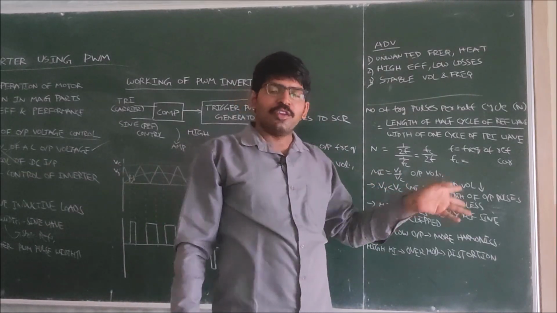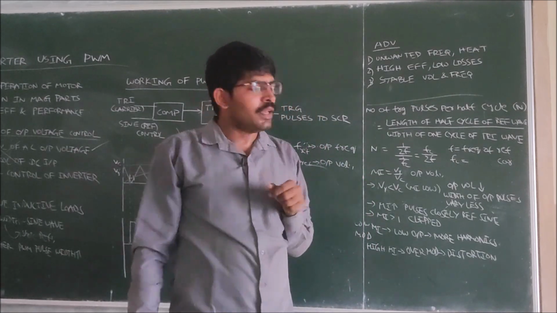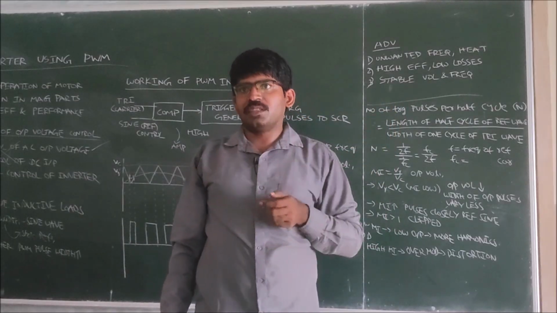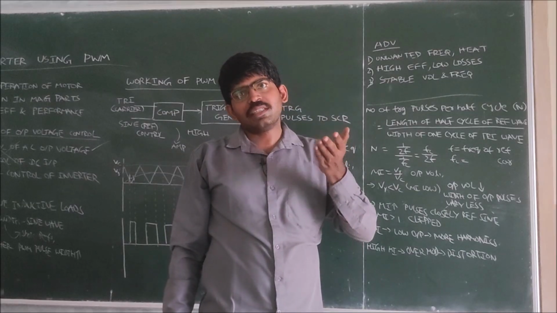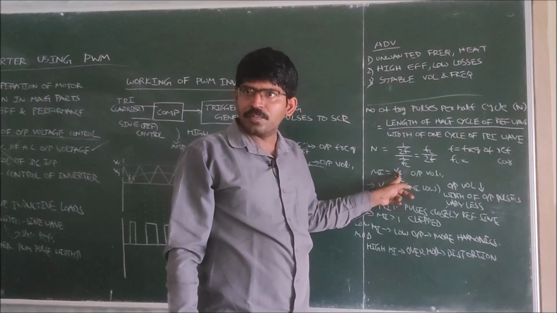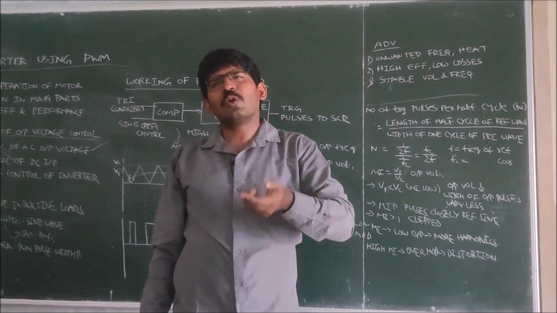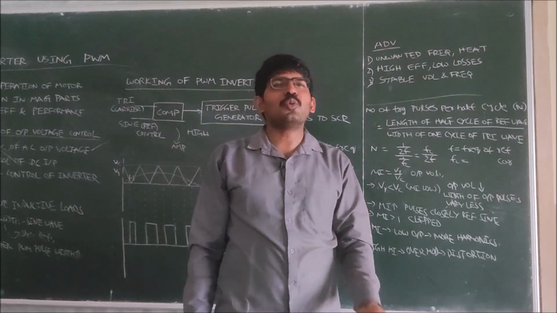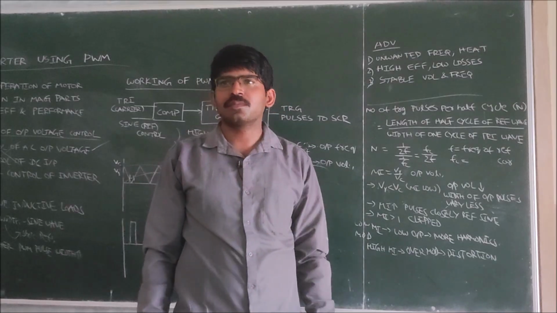Modulation index is nothing but VR by VC, where VR is the reference voltage signal and VC is the carrier voltage. If the modulation index is low, that is because the reference voltage, the sinusoidal signal voltage, is very low, which creates more harmonics. That is not useful to us.